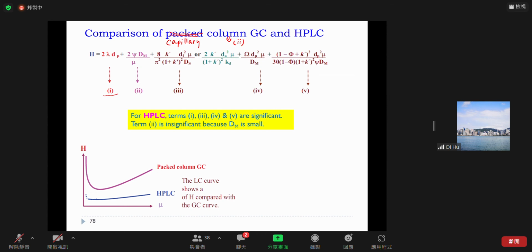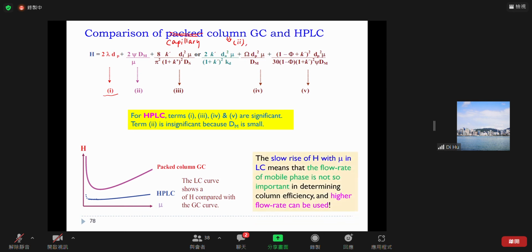Right, term 2 is important. What else? Also term 4, right? It does not really have a stagnant mobile phase, so it's not really porous; it's coated on the wall. Probably term 3 may be important, but not that important.